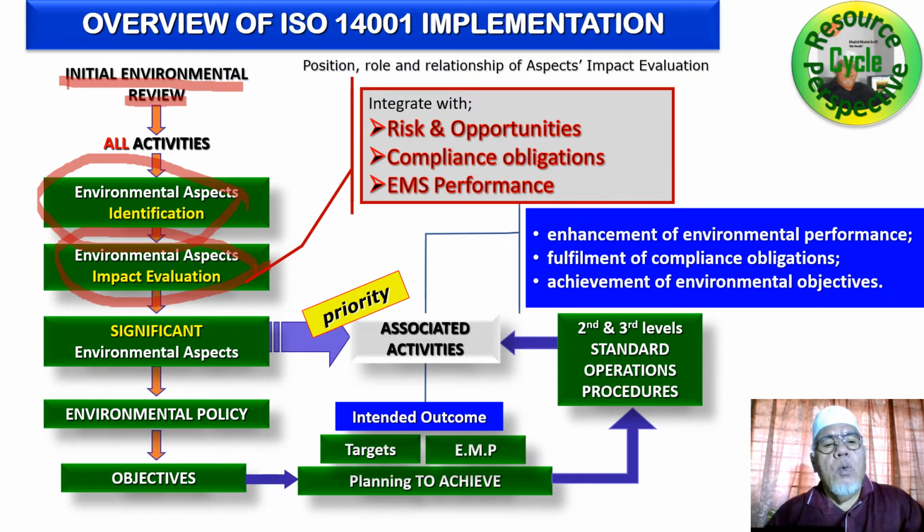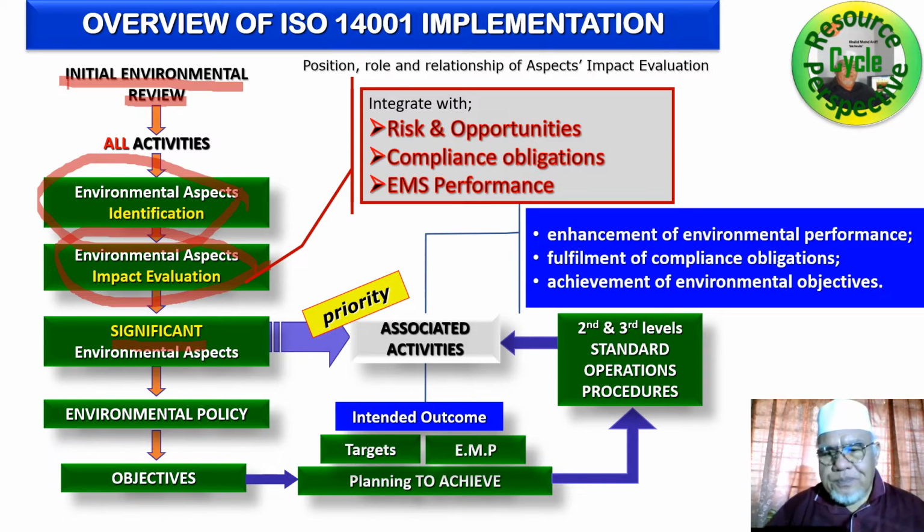All right. Now we are still over here, the identification of significant environmental aspects by means of evaluating all the environmental aspects that we have identified throughout the process called initial environmental review. Once we have that done, we got to understand, why are we doing it? We need to know which of our environmental aspects are significant in order to prioritize. What for?